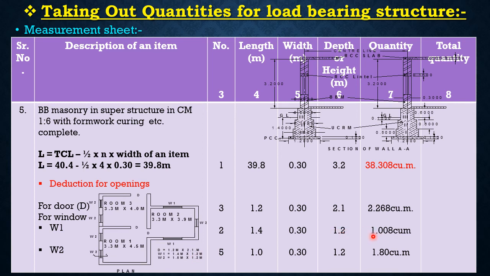So quantity for W1 window is 1.008 cubic meter. Then second type window W2. W2 is 1, 2, 3, 4 and 5. Then number of W2 window is 5. Then length is 1 meter, width is 0.30 meter and height is 1.2 meter. Then quantity is 1.80 cubic meter.